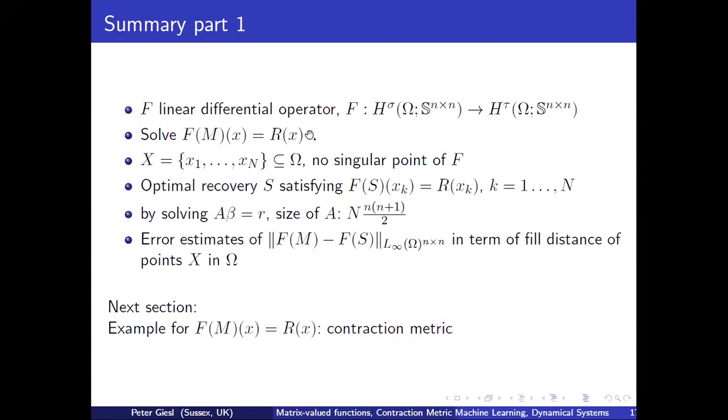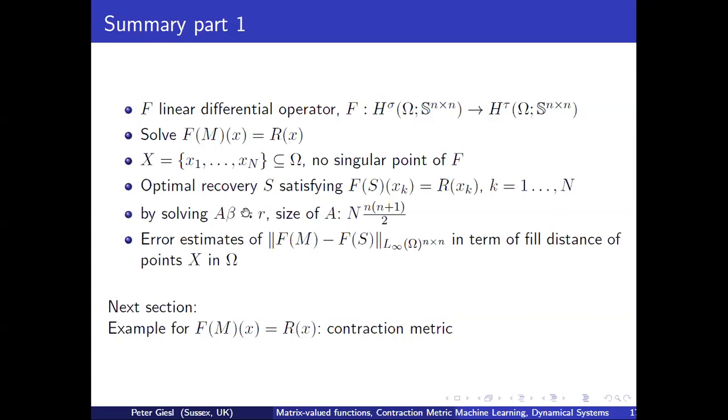And what we will do is we choose points in omega. So this should hold for all x in omega. We choose points in omega, which are no singular points of f, and we want to solve the optimal recovery problem of the form f of s is R at all the points x1 to xn. So basically we want to satisfy our PDE at these finitely many points.